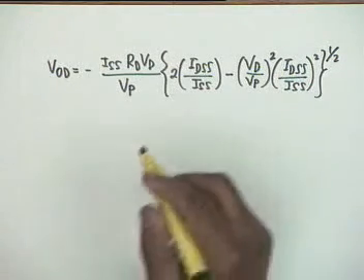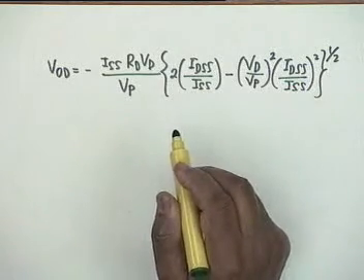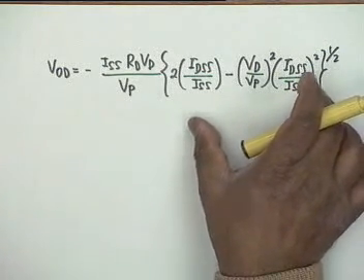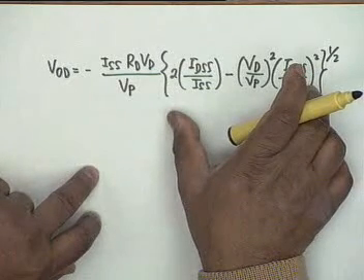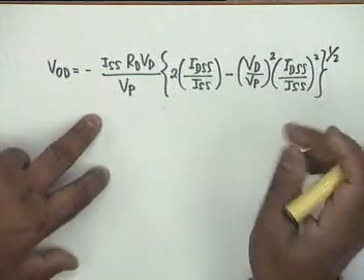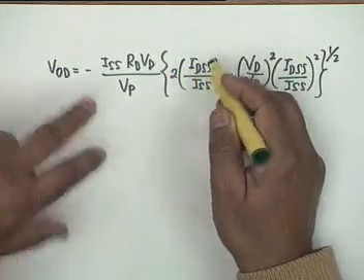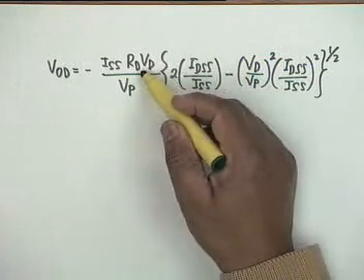I am repeating the same expression. If I differentiate this and put VD equal to 0, obviously I don't have to differentiate this expression. You see, it is VD multiplied by an expression containing VD, so it's a product of two functions.